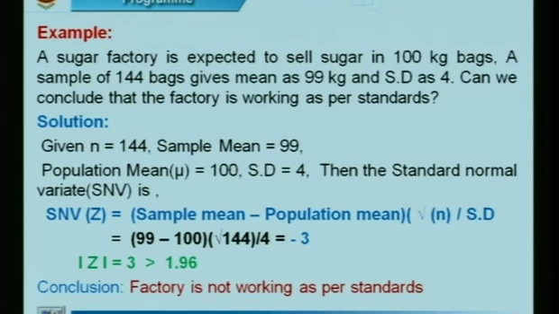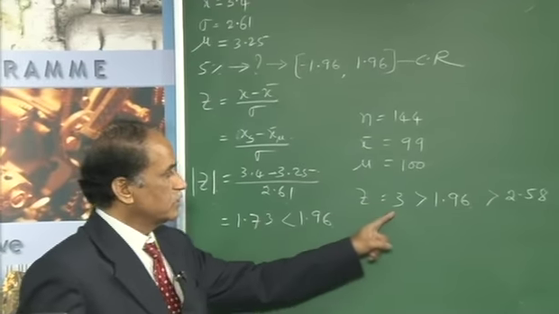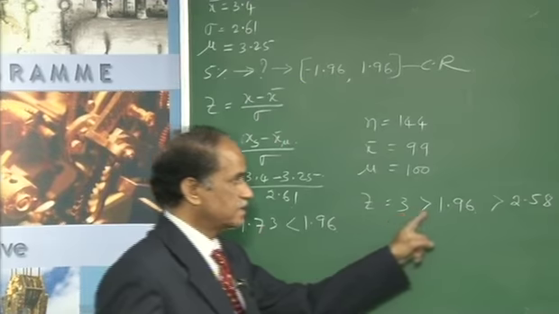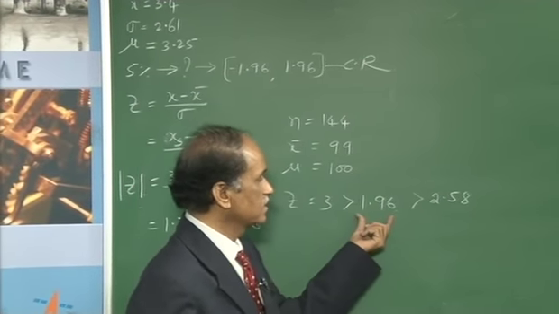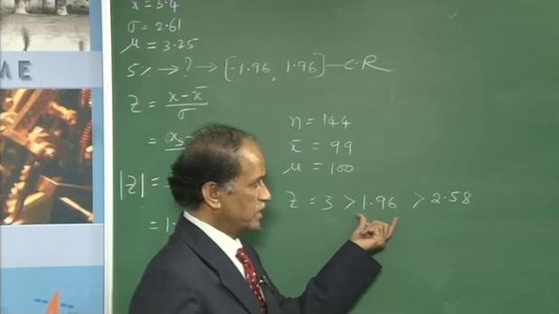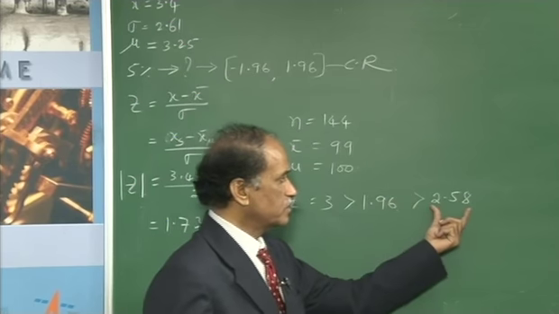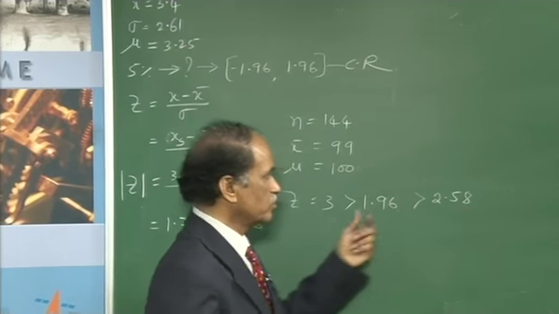Then the declaration is 100% sure that the factory is not working as per standards. That means when z equal to 3, it exceeds both the critical regions. One critical region is 1.96 and minus 1.96, another critical region is minus 2.58 and plus 2.58.